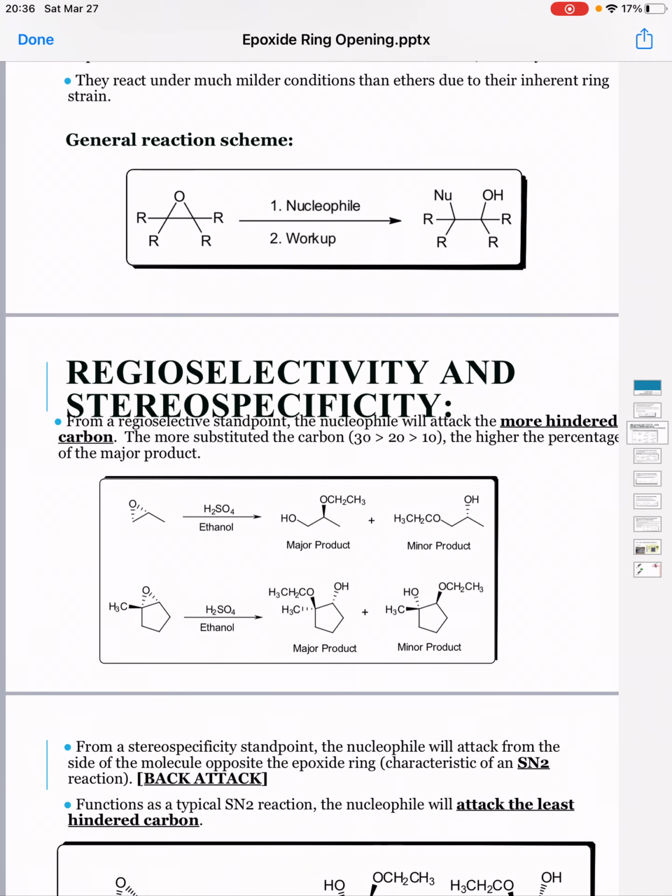We call the ring opening reaction of epoxide in either acidic or basic environment regioselective and stereospecific.